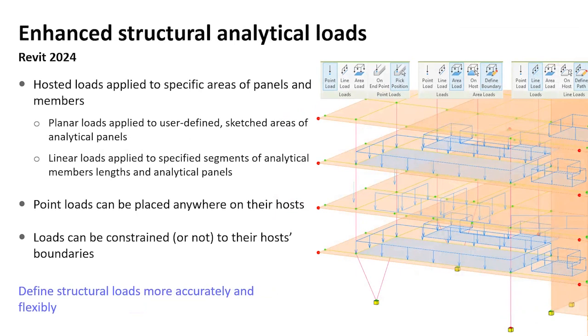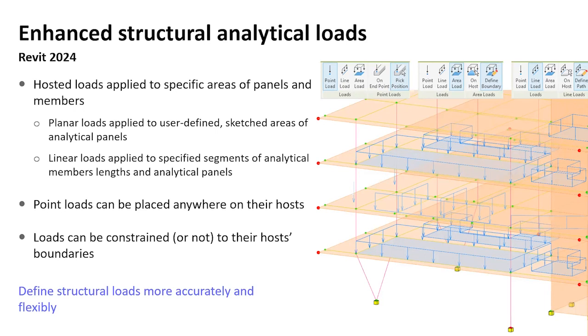Speaking of enhancements related to analysis, enhanced structural analytical loads. So for those engineers doing the structural modeling, obviously when we're doing structural modeling, we're also doing analytical modeling. So now we have the capability of more enhanced analytical loads, and it's a lot easier to build these area loads in a centralized location, or to be able to break them up into kind of sketched areas.